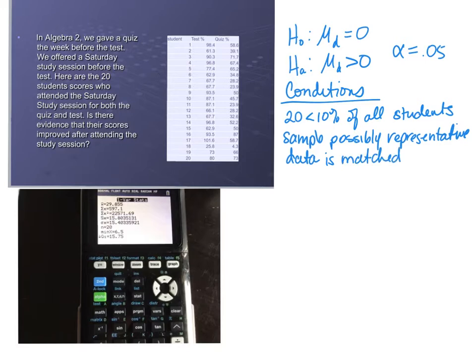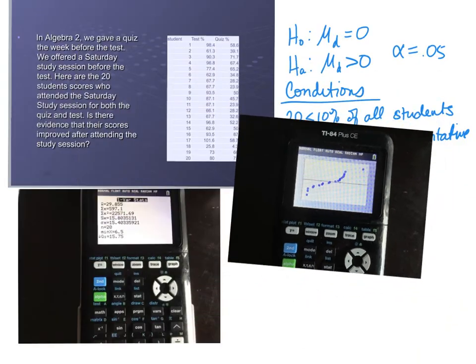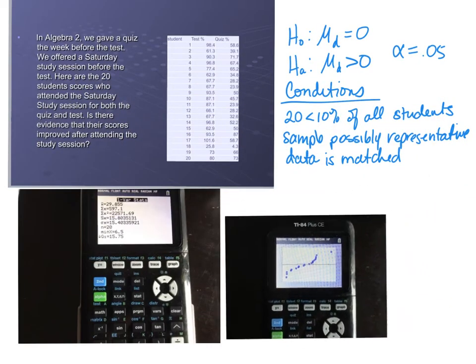And then we need to look at the normal probability plot. I'm just going to pull it up real quick. Zoom that again. And I'll take a quick picture of it for you to see. And I'm not sure we can say that that is straight enough. It's pretty curved. Okay.